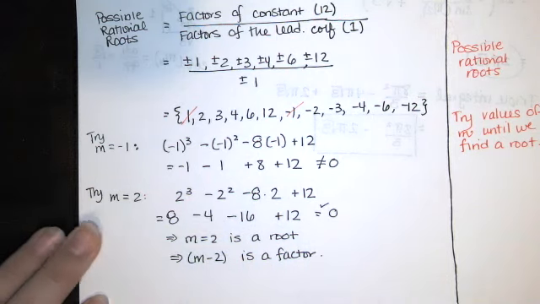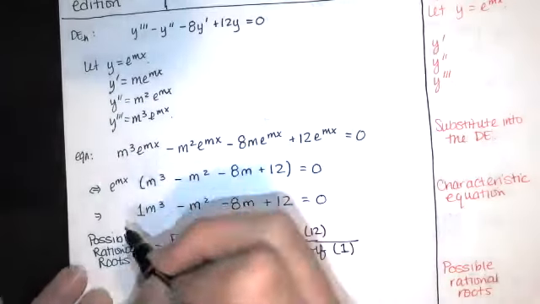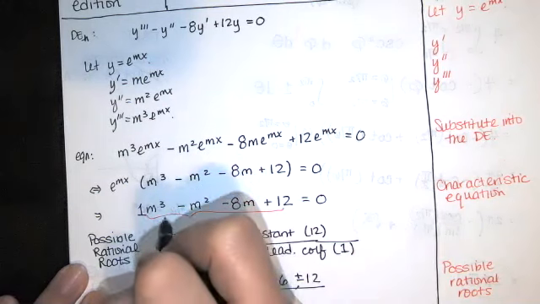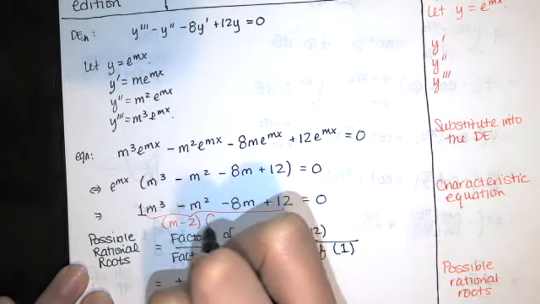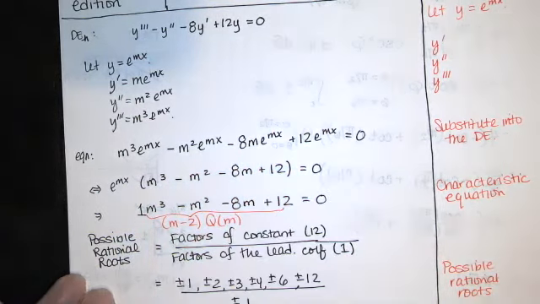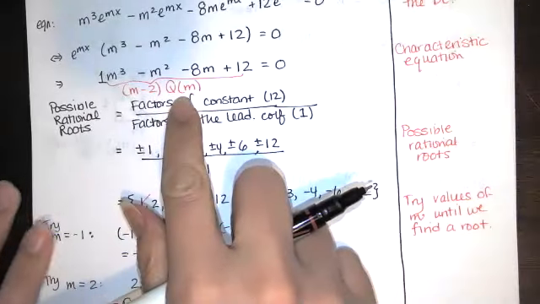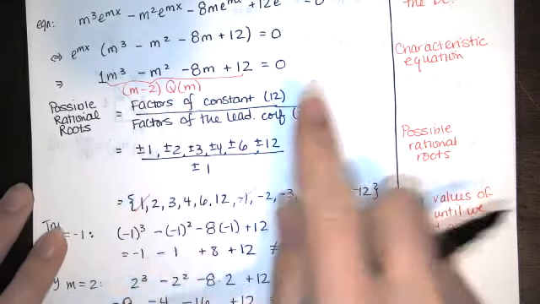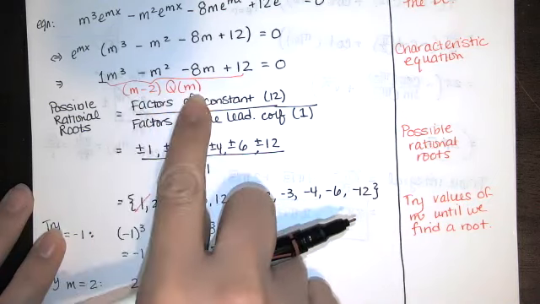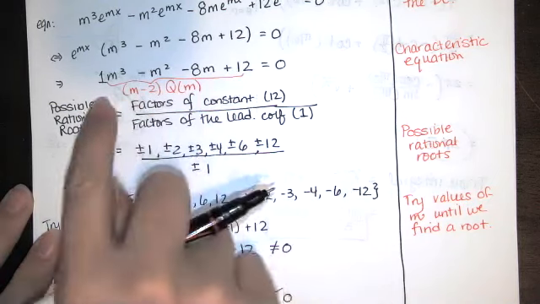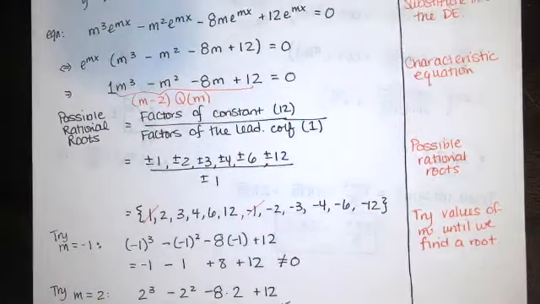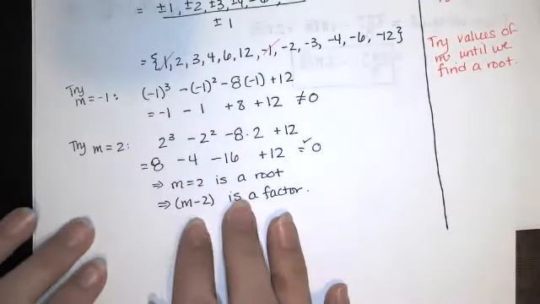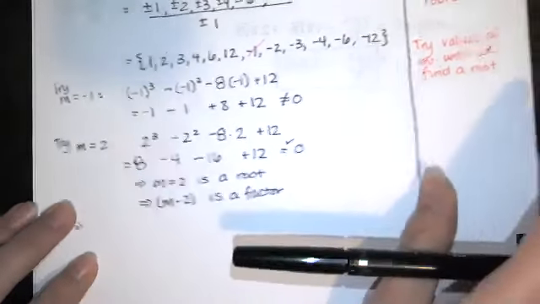So that means that this expression here can be written as m minus 2 times some polynomial q of m. We just need to find q of m. Well, if this is equal to this times this, that means q is equal to this divided by that. So let's write that down.